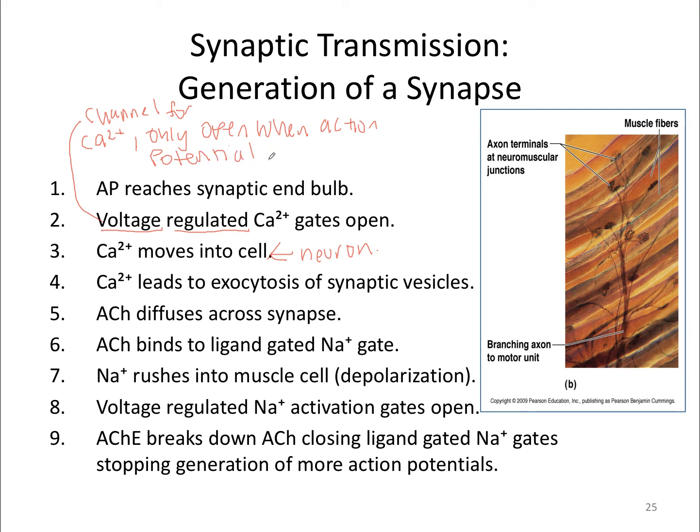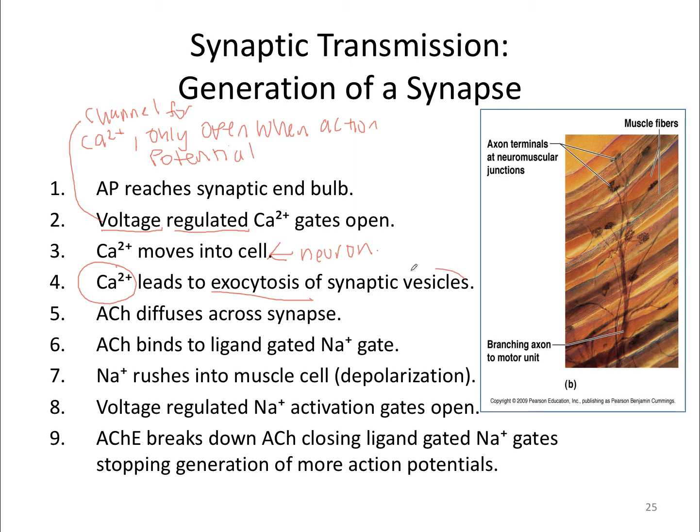So it's open at a particular voltage window and it's closed at all other times. So calcium gates open, calcium moves into the end of the neuron, and calcium entering the end of the neuron leads to exocytosis of synaptic vesicles.